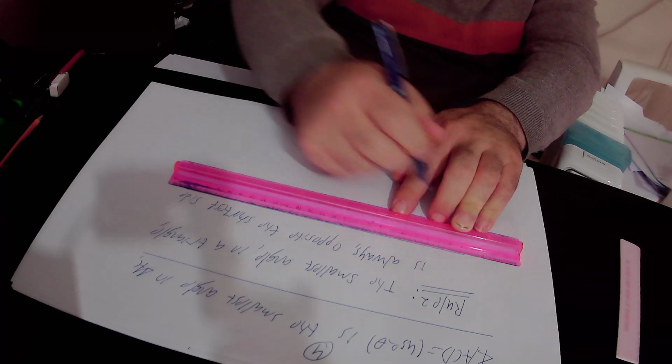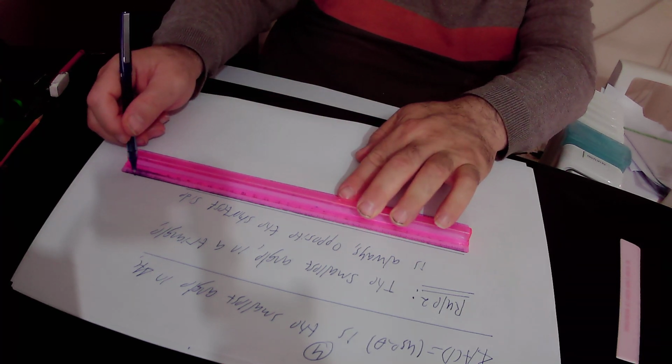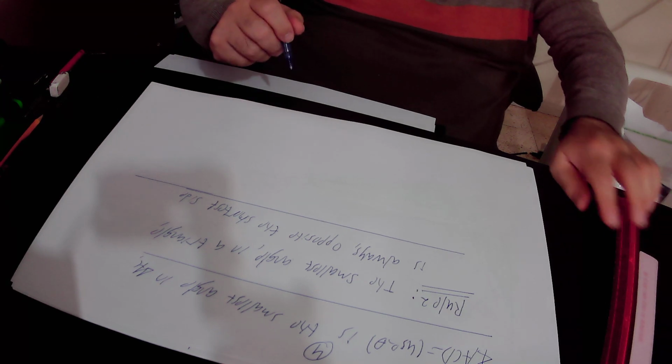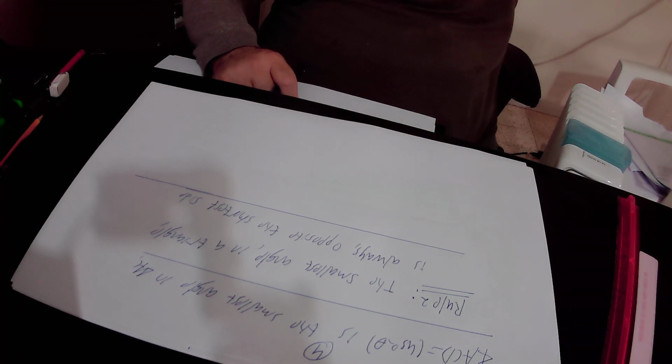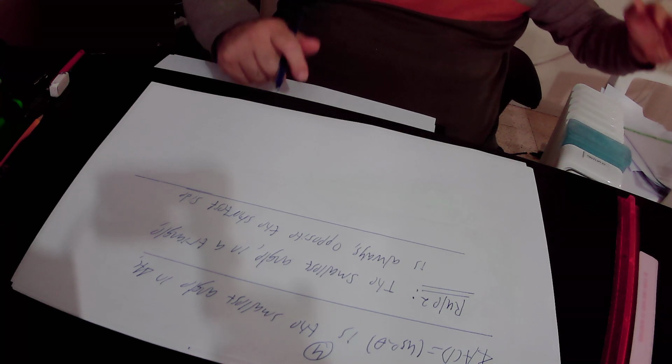So I read rule number 2 again: the smallest angle in a triangle is always opposite the shortest side.